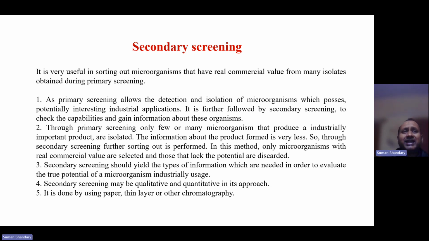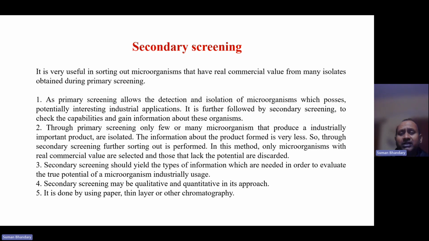And it should detect whether the isolated organism is genetically stable or not, whether it is amenable to genetic manipulation or not. Whether it is chemically stable, means the product it is producing, whether it is chemically stable during the downstream process.